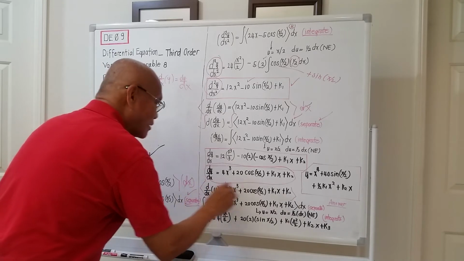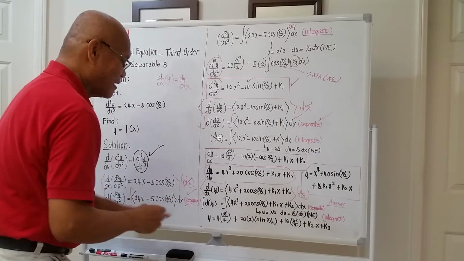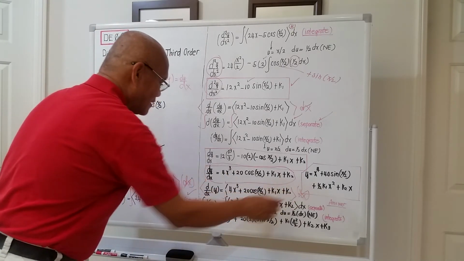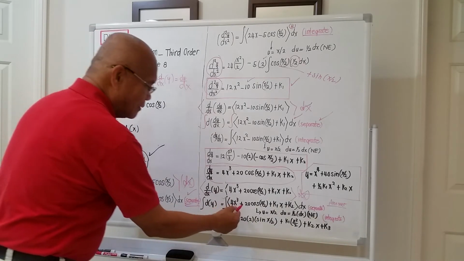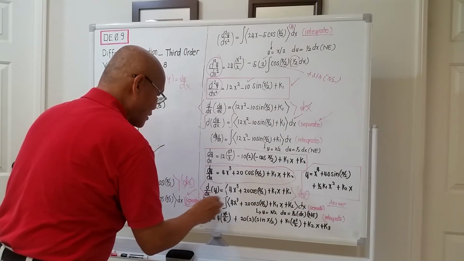We multiply all terms by dx. So the left hand side multiplied by dx, this dx cancels. What will remain will be the differential of y equal to the right hand side times dx. Then try to integrate both sides.